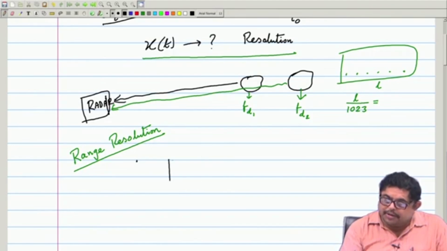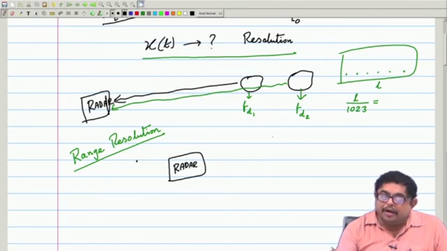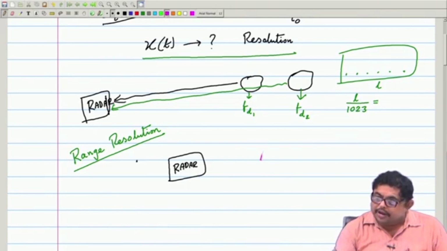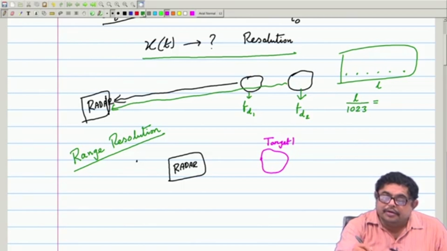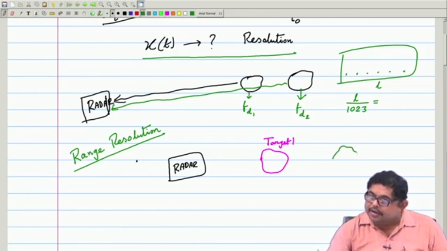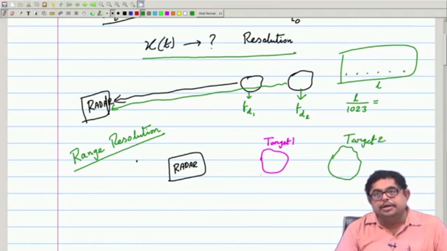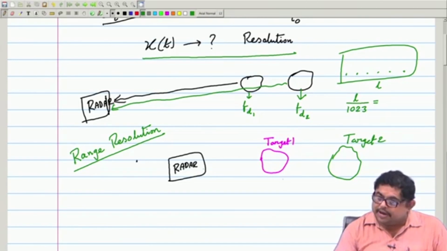Suppose I have a radar, and let me give some different colors, suppose this is target 1 and let us say this is target 2, the green one, target 2, and let us say that both of them are stationary.